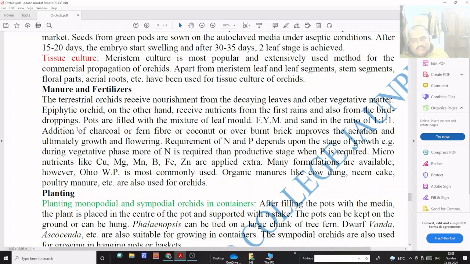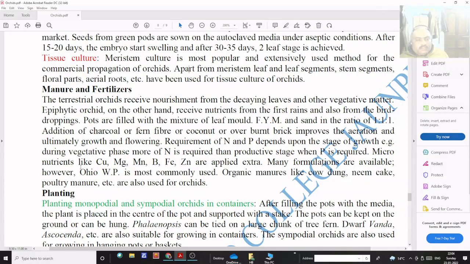Pots are filled with a mixture of leaf mold, FYM, and sand in the ratio of 1:1:1. For healthy growth and development, we have to apply micronutrients as well.